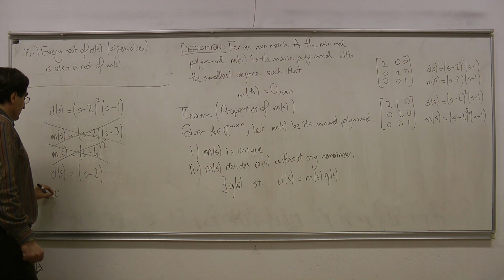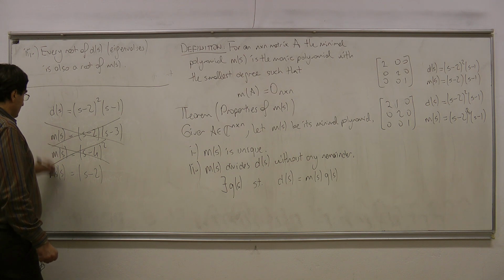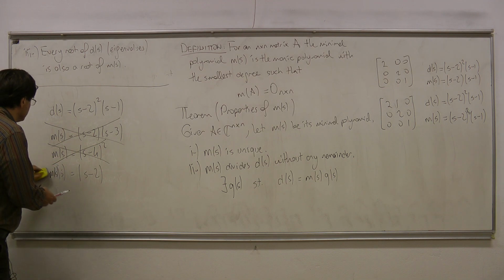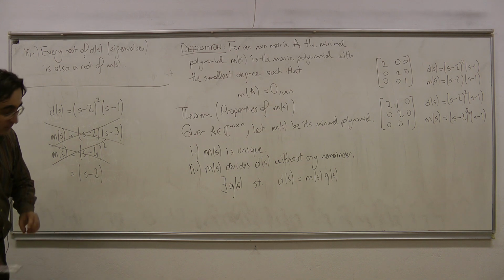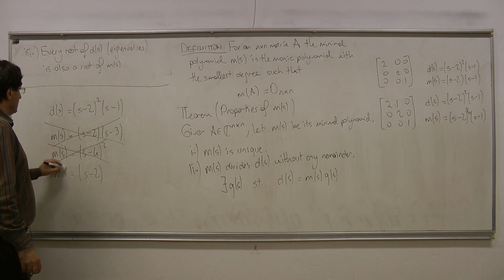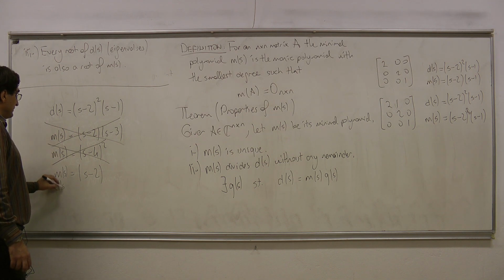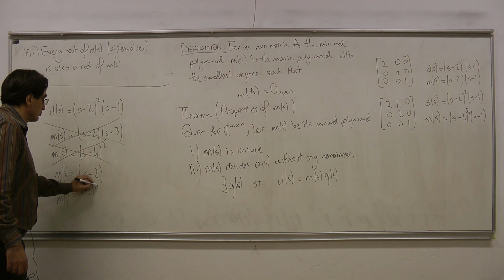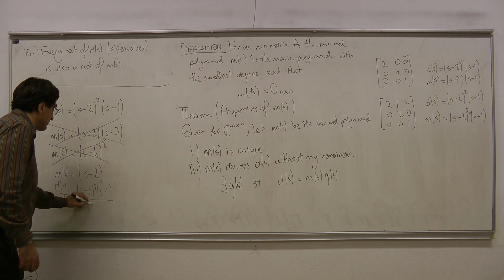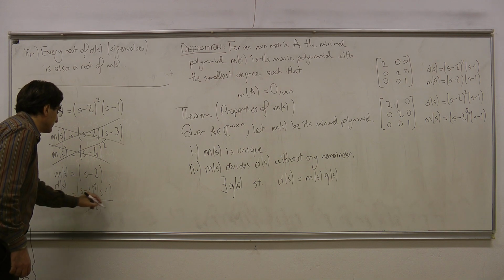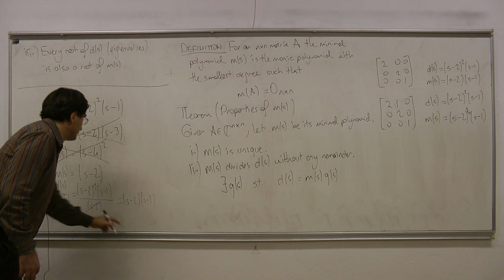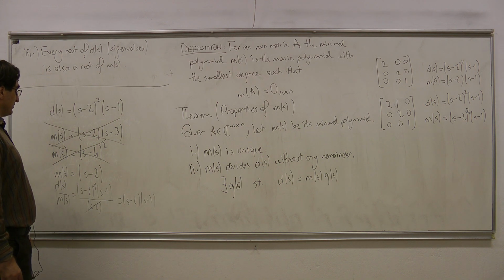Why is that? Because, sorry, this is m of s. If I divide d of s by m of s, in this case I would have s minus 2 squared times s minus 1 over s minus 2, and in that case I would have just s minus 2 and s minus 1. This division would happen without any remainder.